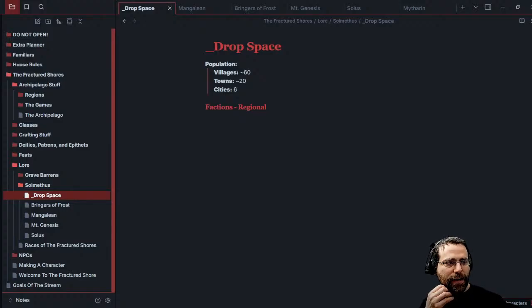About 4,000 is my baseline, plus villages are about anywhere from 100 to 1,000. So we'll say about 600 as a base, times 60. Final: about 206,000.